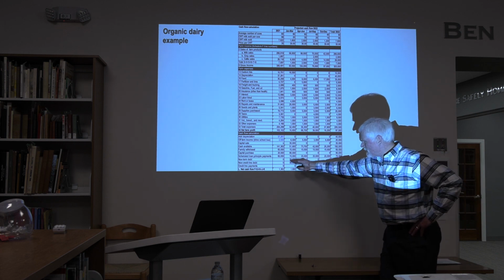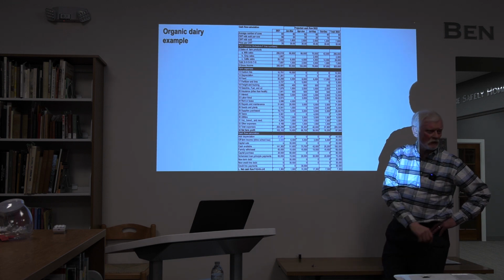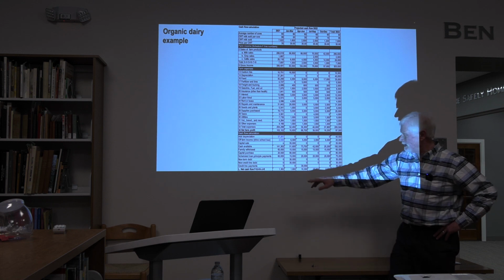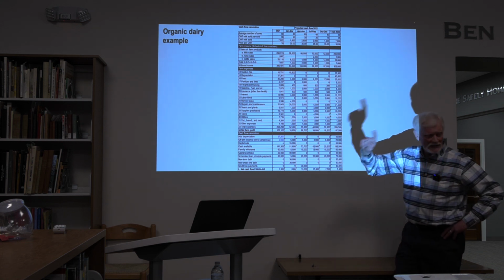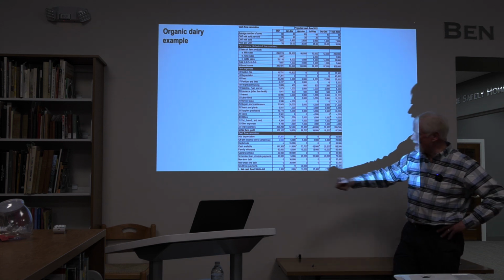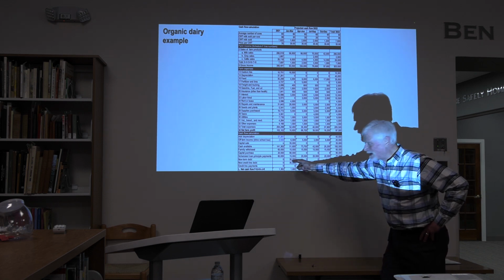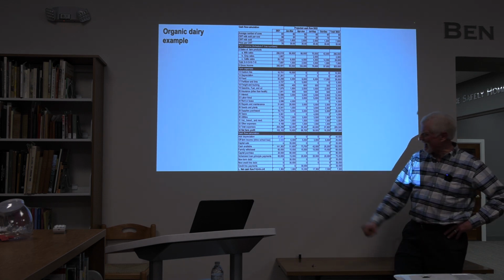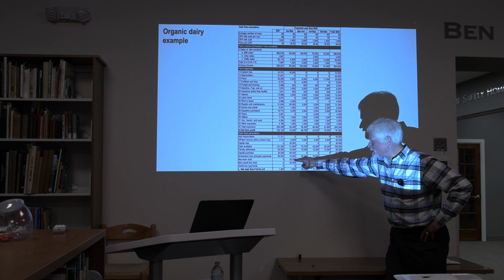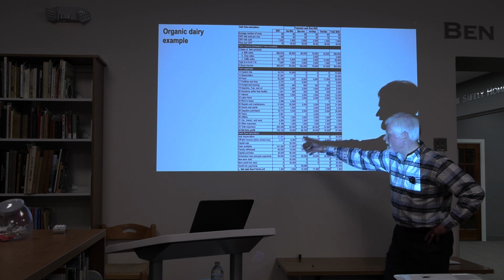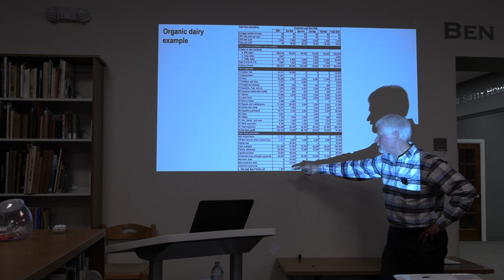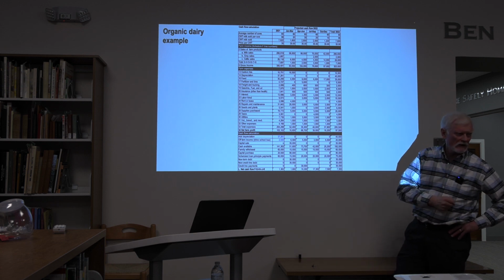And so the bottom line is how much cash flow do we have at the end? And usually, you don't need a lot here, but it needs to be positive. And this line here tells us how much we're going to have to borrow. How did I come up with this $30,000 that I've got to borrow for that piece of equipment? How did I come up with $30,000 to borrow on a credit line?